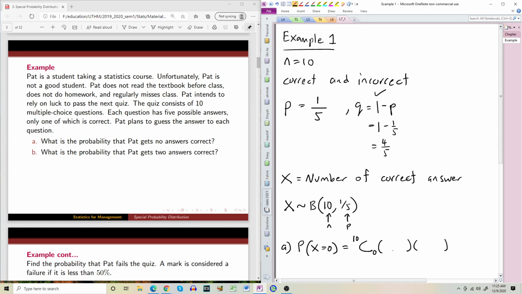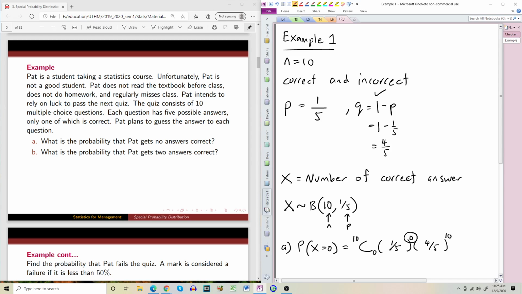This is the formula I am using. Here you write the P. What is your P? 1/5. Here you write the Q. This 0 will go here and 10 will go here, which means 0 questions correct is 1/5.